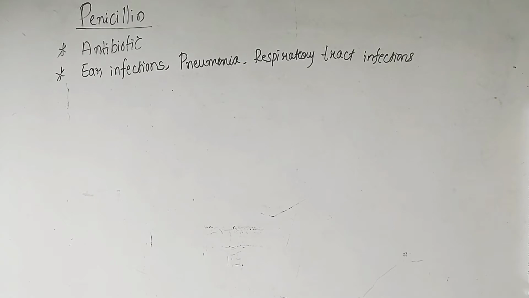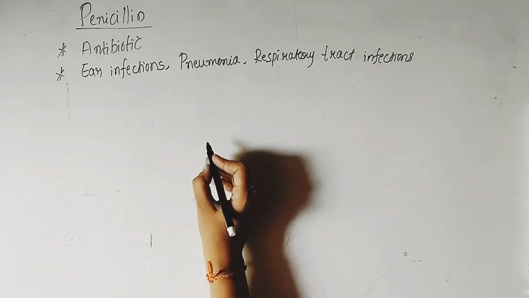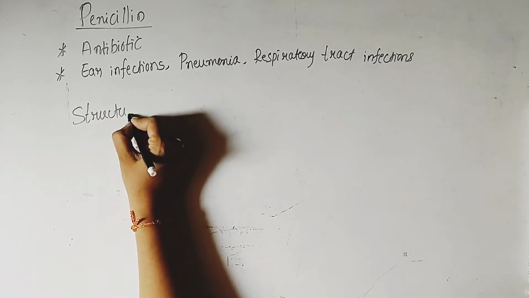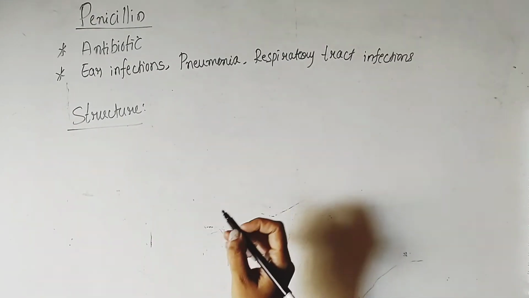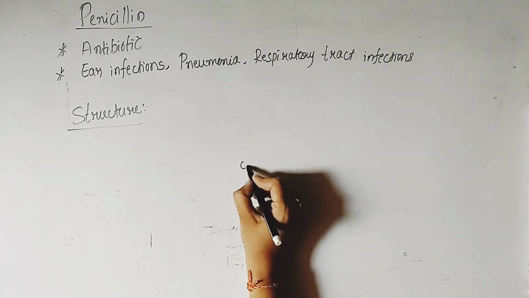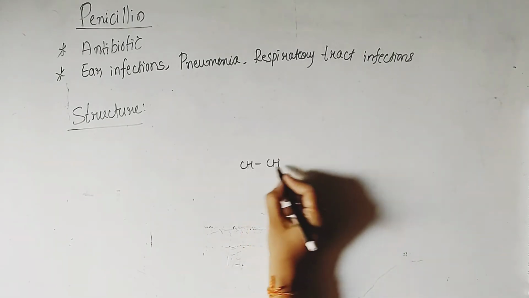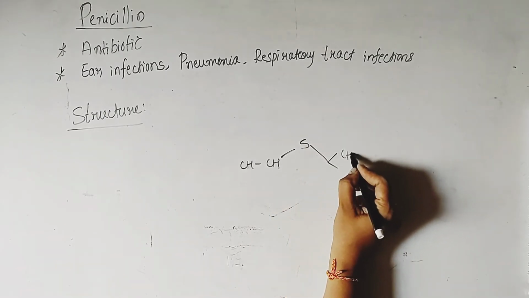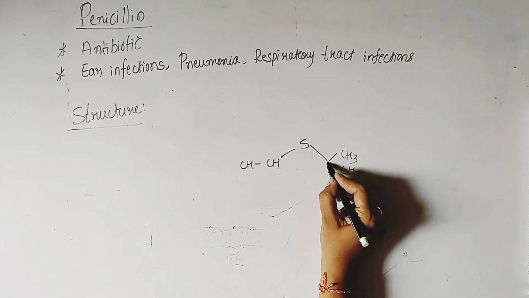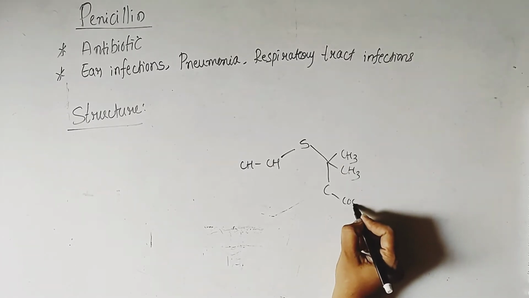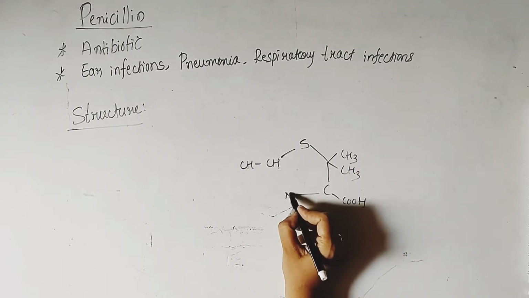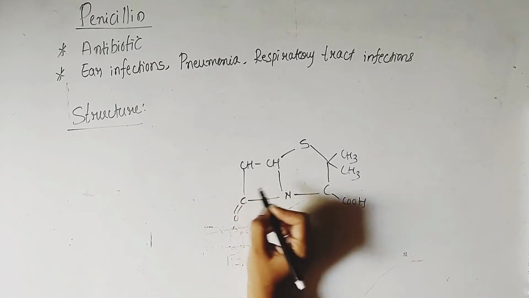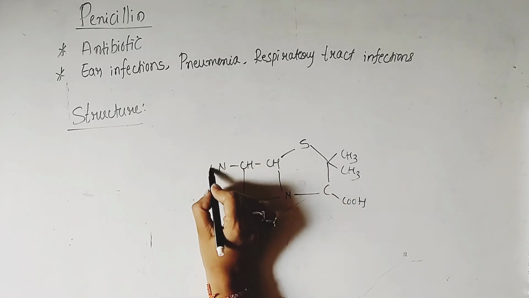First I will write the basic structure of penicillin. Our penicillin contains two rings. First I will write CH, CH, S, CH3, CH3, C, COOH, and on this side nitrogen, this is carbonyl, and this side this is NH.